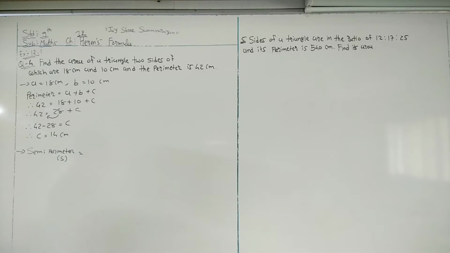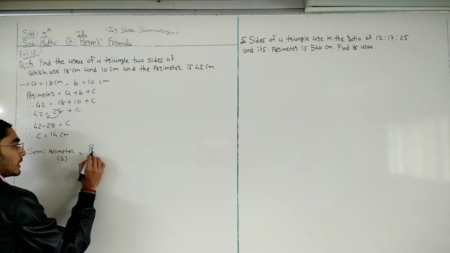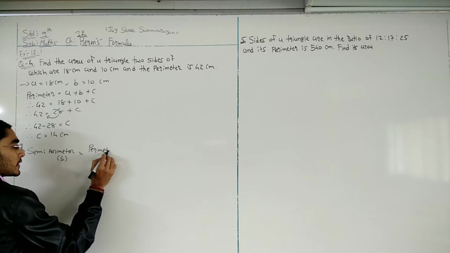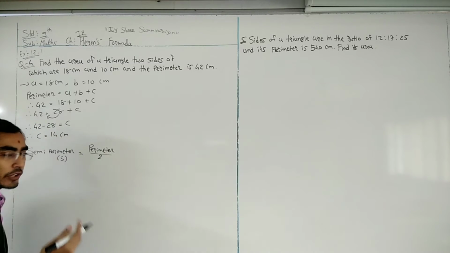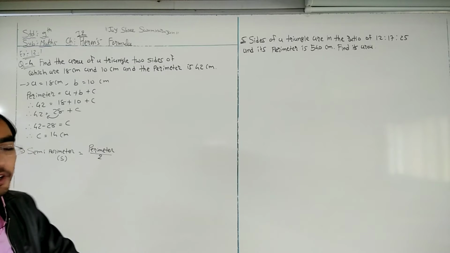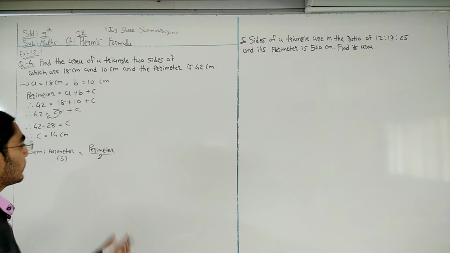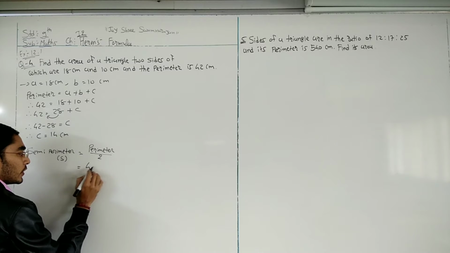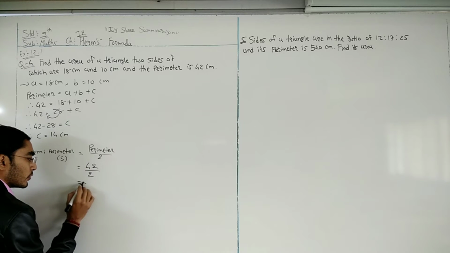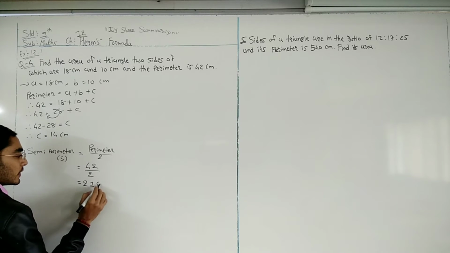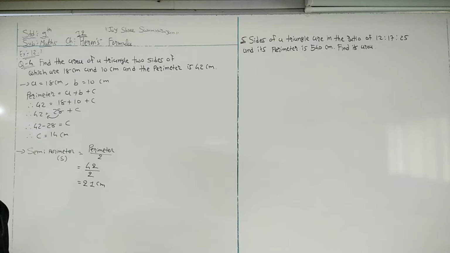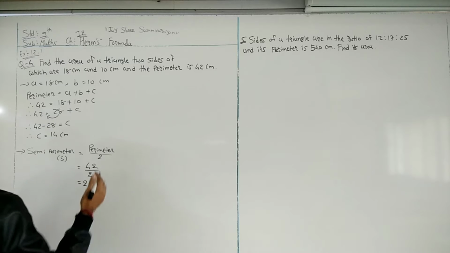A plus B plus C by 2, but here perimeter is given to us, so directly we can say perimeter divided by 2. Perimeter is 42. So 42 divided by 2, 21 centimeter.